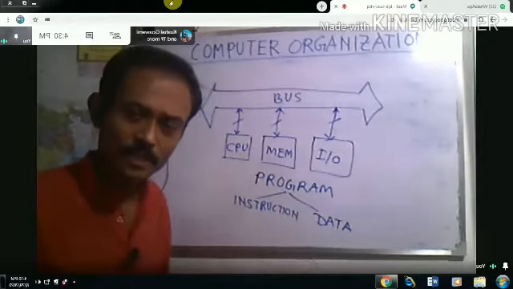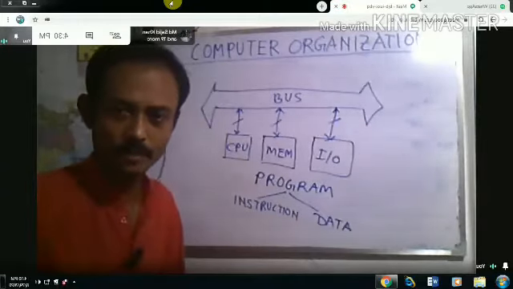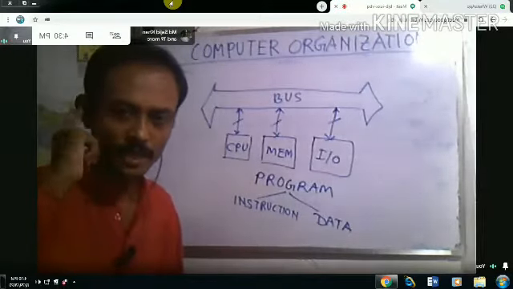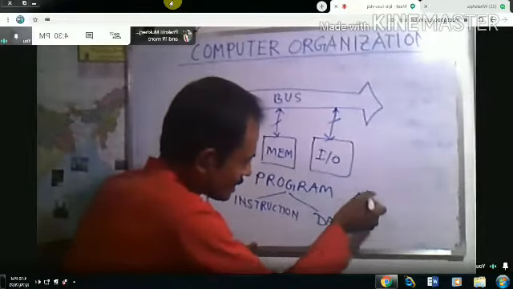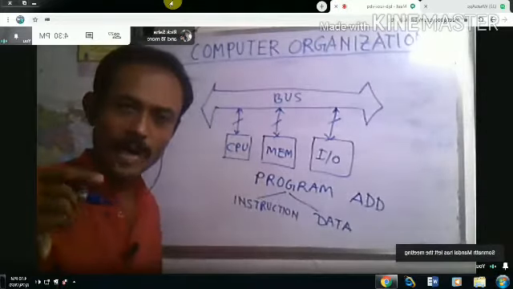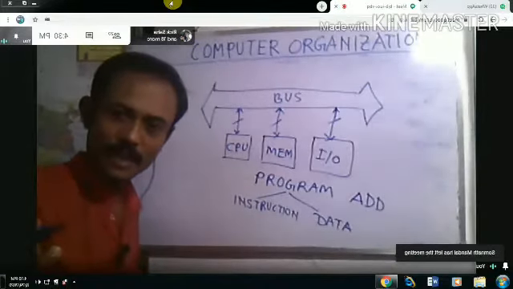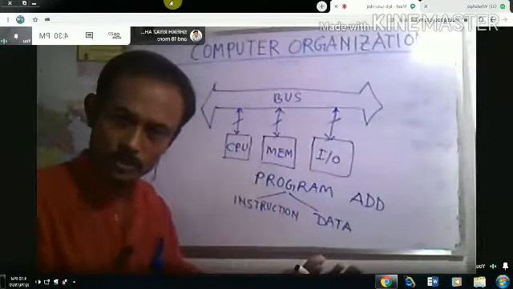The instruction means, suppose you want to add, suppose your instruction is the addition operation. So this is your instruction. But to add, you require some data. You will add on which? You will add two values. Got it?